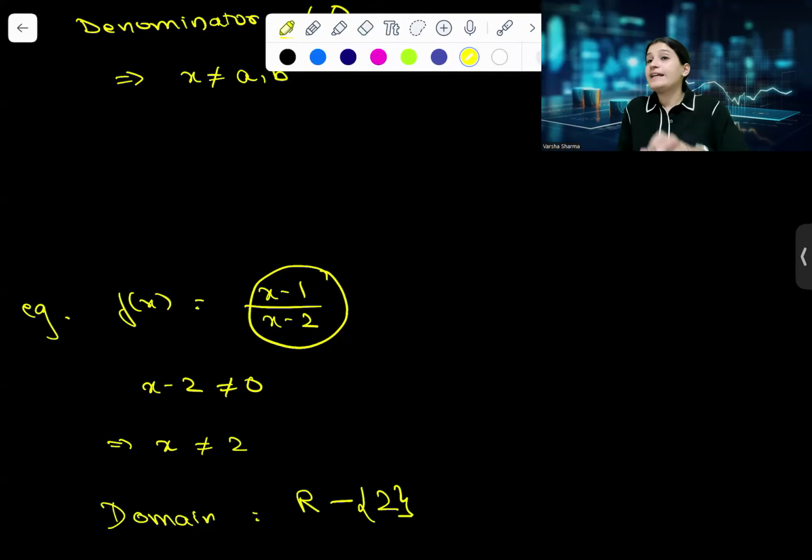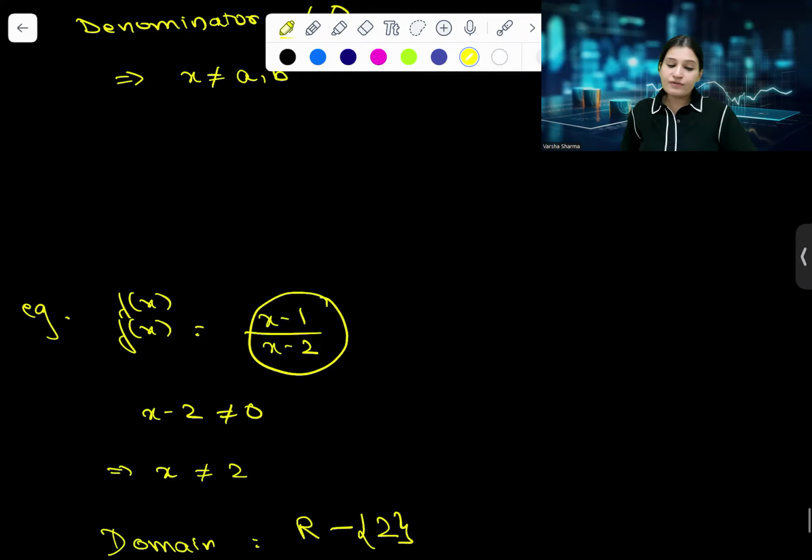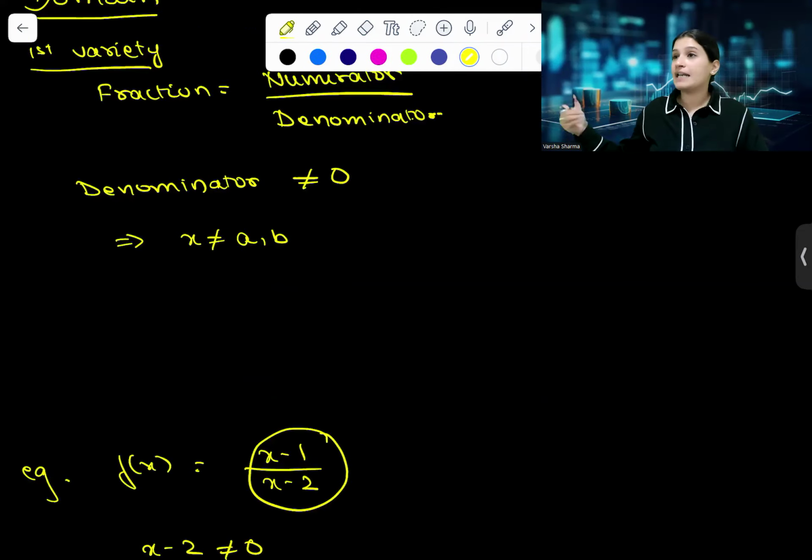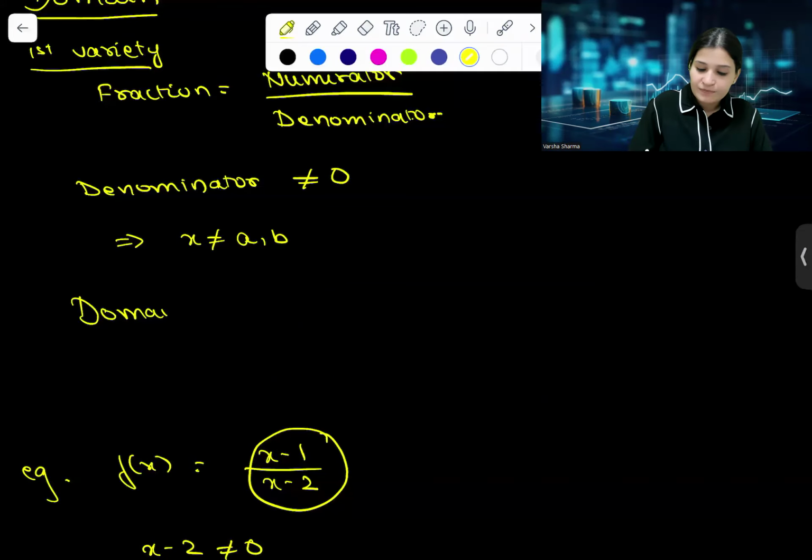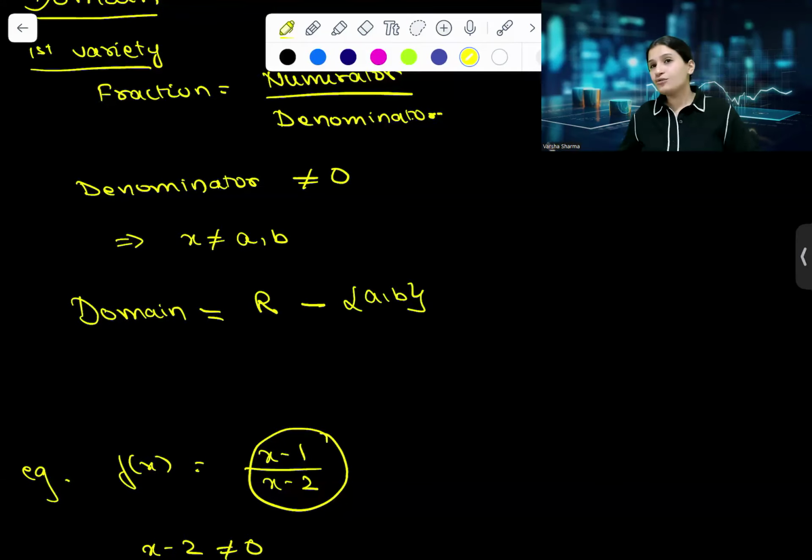What we do is find the numbers that are giving trouble. Here it was 2, so from the real numbers, I removed that. If A and B are giving me trouble, then my domain would be all real numbers except A and B. Remove only these two numbers, rest everything is allowed.